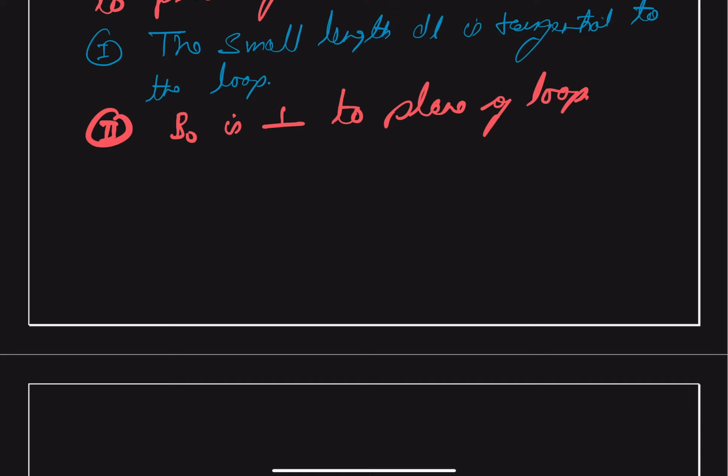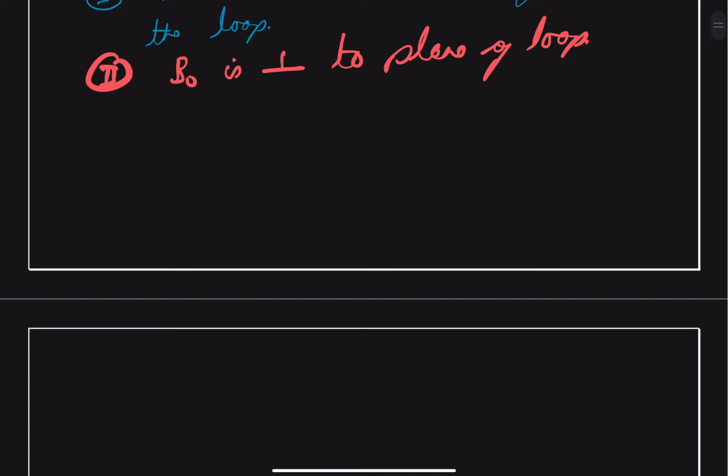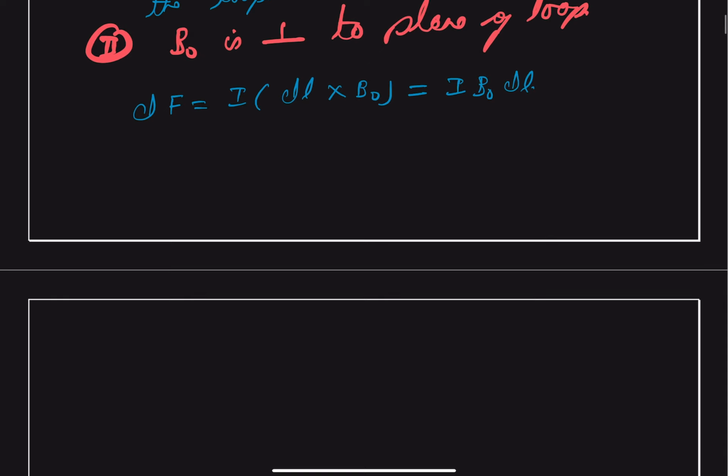Therefore, we can write that the force dF will be equal to I dl cross product B0, and the magnitude is equal to I B0 dl.